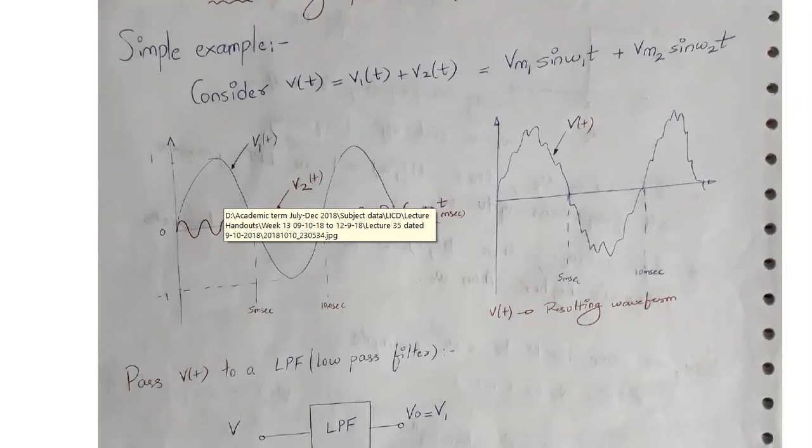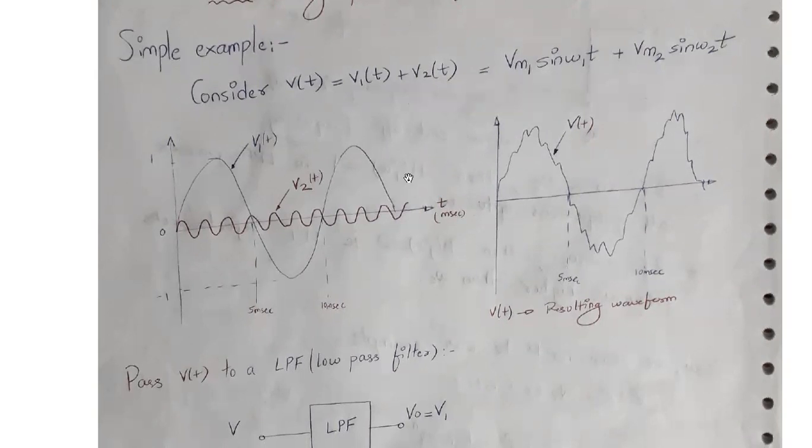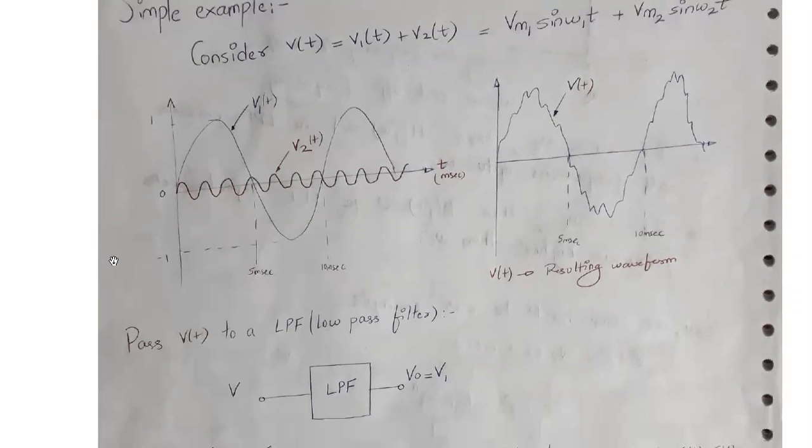Let's say you consider a signal V of t. V of t consists of V1 of t and V2 of t. V1 of t is Vm1 sine omega 1 t, and V2 of t is Vm2 sine omega 2 t. Let's consider that V1 of t is of higher magnitude but low frequency, and V2 of t is of lower magnitude but higher frequency.